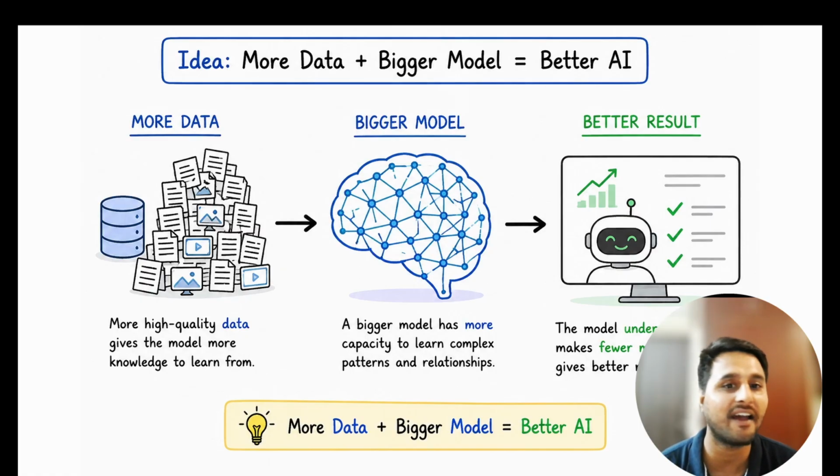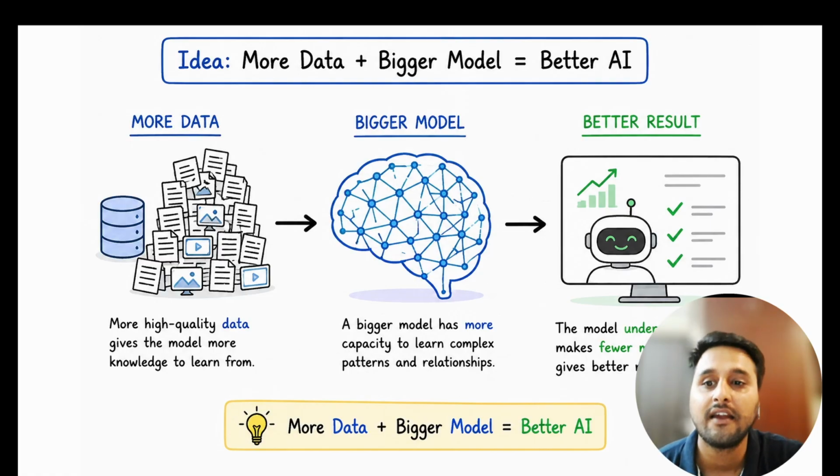This was the idea, and there is nothing wrong in this idea, because previously we saw in machine learning models and deep neural networks, by giving more and more data, our model was giving better results with better accuracy. The model understands better, makes fewer mistakes, and gives better results.